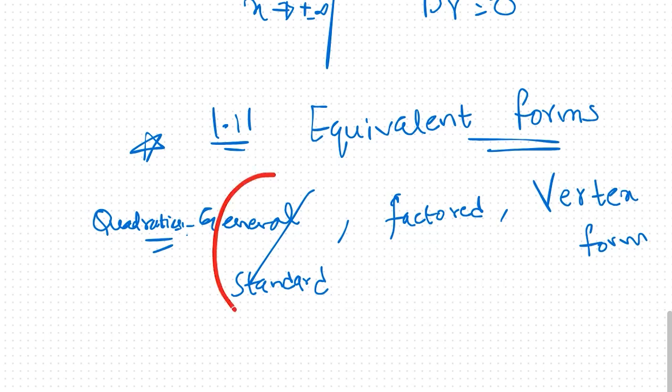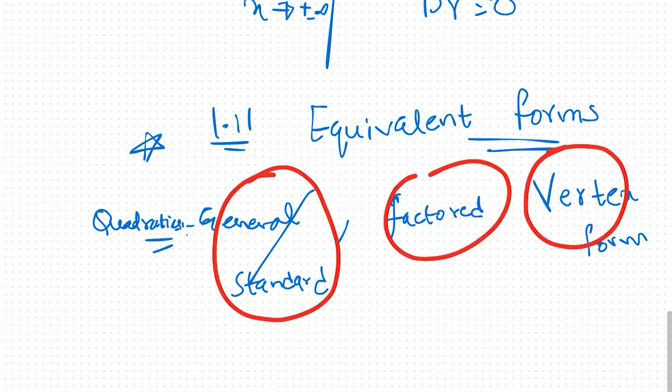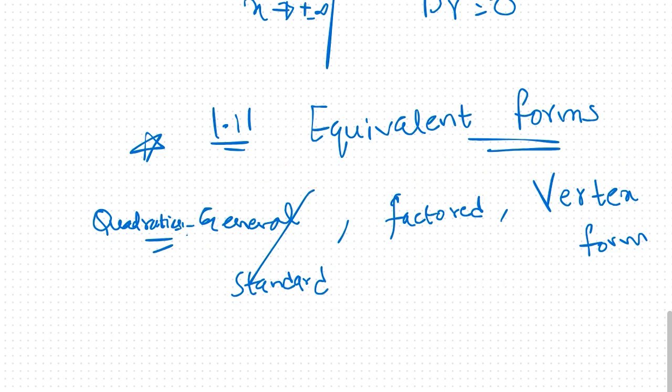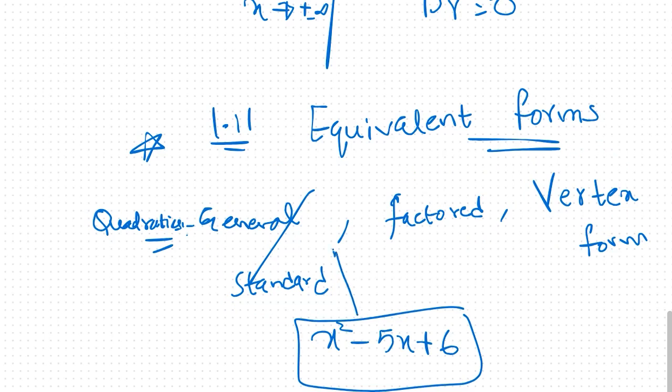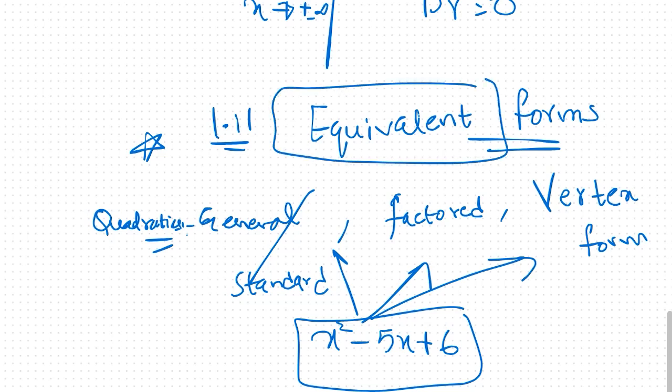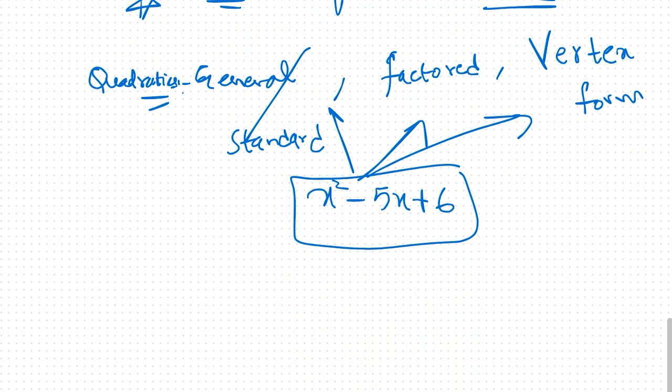So basically these are the different forms, right? So the same quadratic expression, let's say x squared minus 5x plus 6, can be expressed in standard form, in factored form, and in vertex form. So that is what is meant by equivalent forms. From one form to the other, that is the same thing. Simple, right?